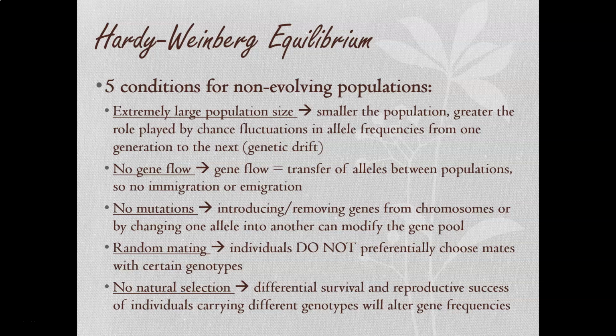There can't be any differential survival or reproductive success, because that will then alter the gene frequencies, and that's specifically what we're trying to avoid in this hypothetical population, because I want to see if that's actually what's happening in a real population where natural selection is likely occurring, whether it's occurring for some sort of environmental sense, or it's because it's sexual selection, and so there is preferential choice as opposed to just this random mating.